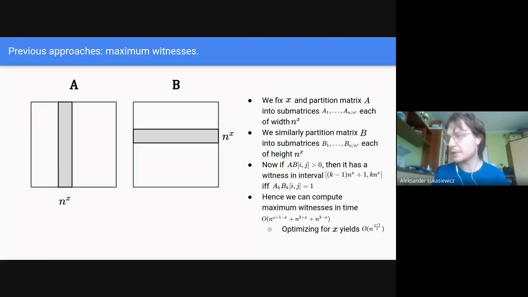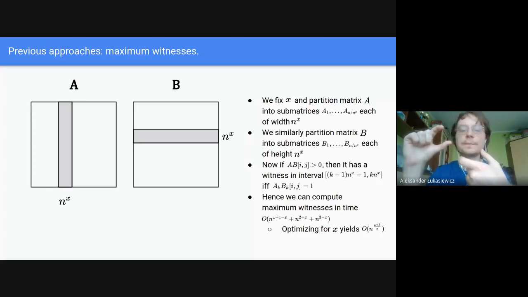And then we can observe that if you have a non-zero entry in the product of our two matrices, and if it has a witness in an appropriate interval, then we need to have a non-zero entry in the appropriate product of two stripes. Okay.